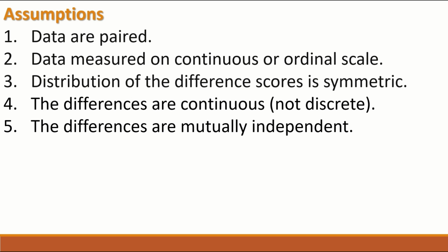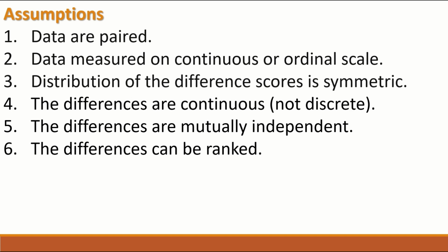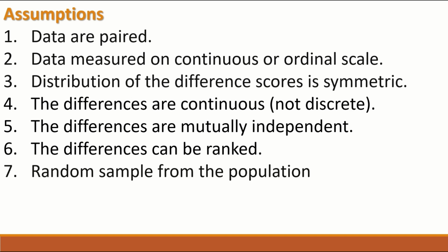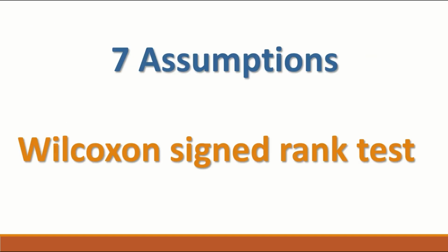Discrete means there is no fraction, it is an integer number. The differences are mutually independent and the differences can be ranked, and the sample is randomly selected from the population. Those are the major assumptions that have to be fulfilled prior to performing this non-parametric test. So there are 7 major assumptions for the Wilcoxon Signed-Rank Test that have to be fulfilled.